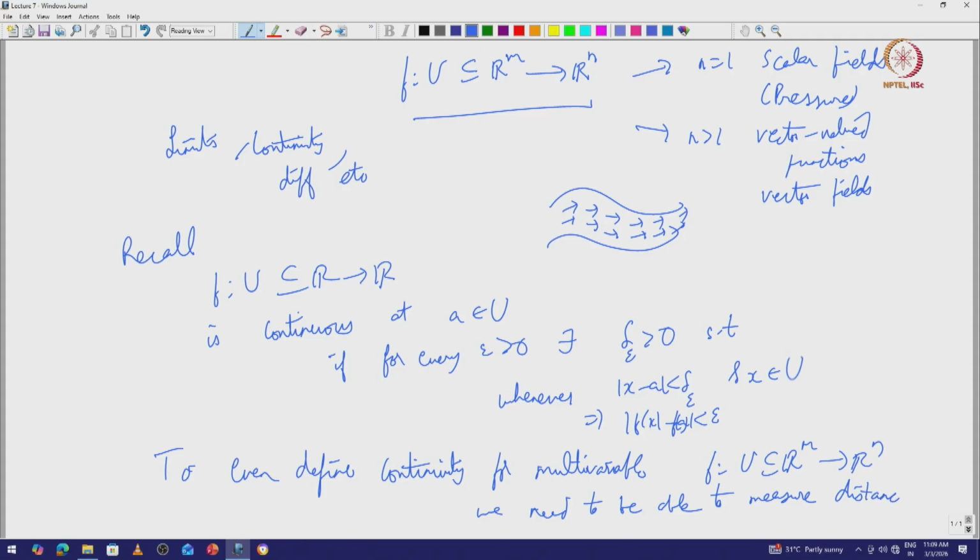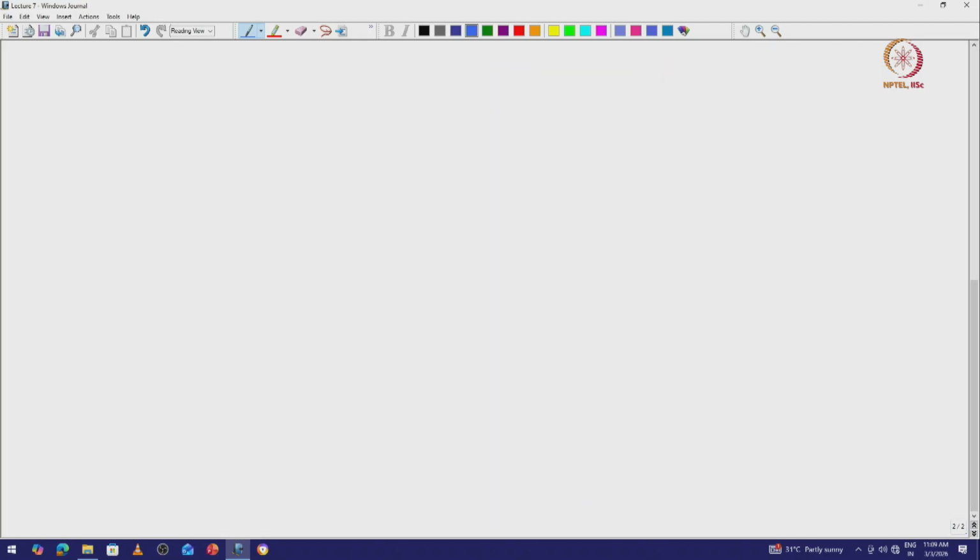In what sense? We need to know how far f of x is from f of A. Rather, you need to tell me how far f of x can be from f of A, the error tolerance if you will, and I'll tell you how close x needs to be to A. So you need to be able to measure distances.